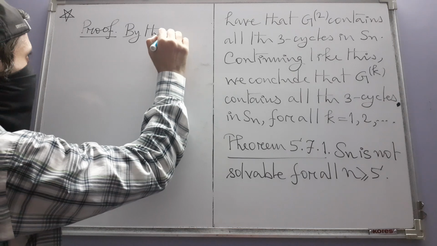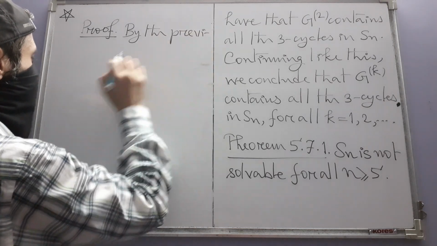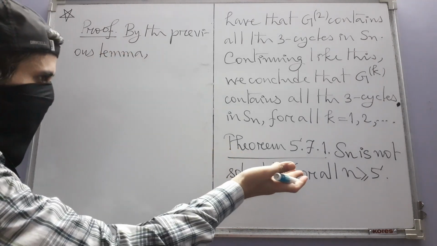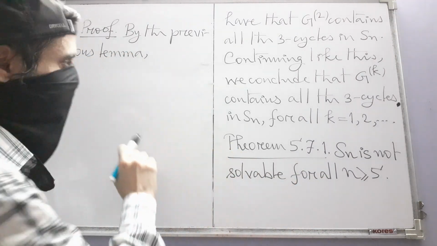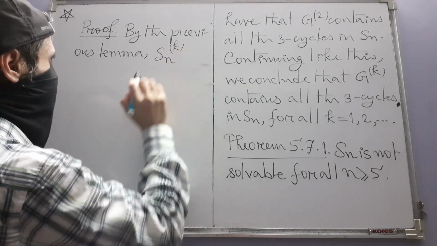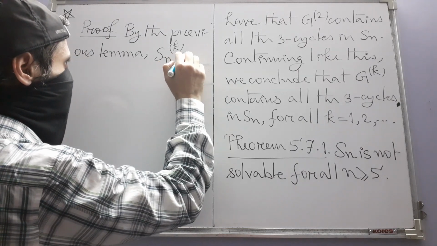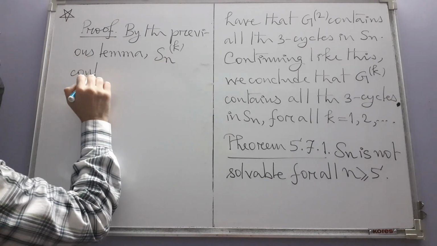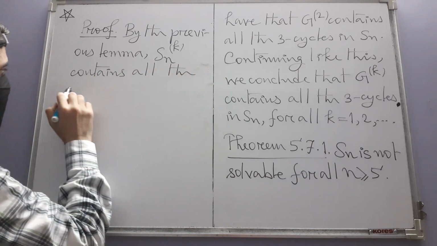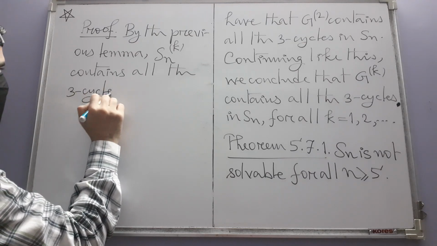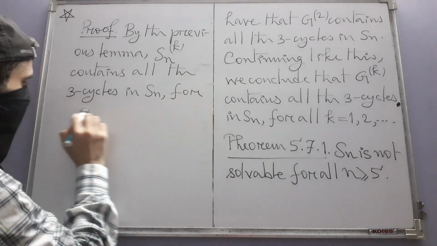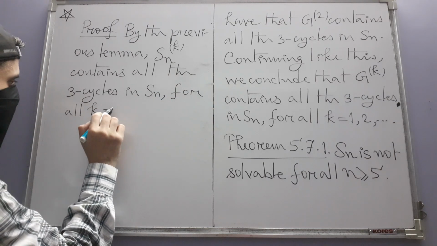By the previous lemma, because we are considering symmetric groups where n is at least 5, Snk is, or rather contains, all the three cycles in Sn for all positive integers k.